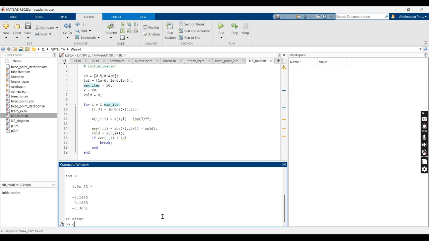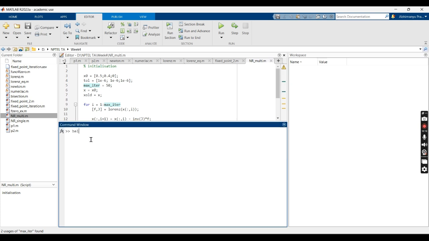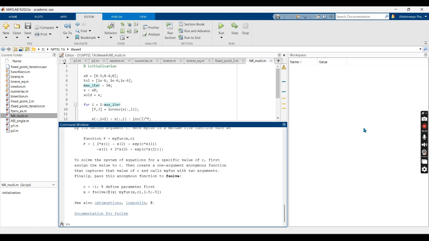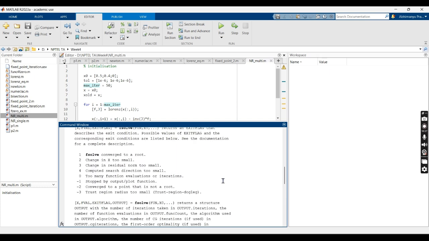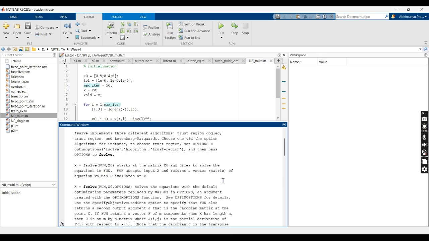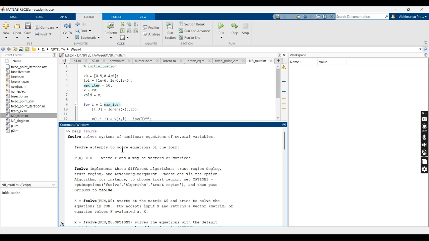So let's clear this. fsolve attempts to solve equations of the form f(x) equal to 0, where f and x may be vectors or matrices. So this can solve the multivariable problems, right?